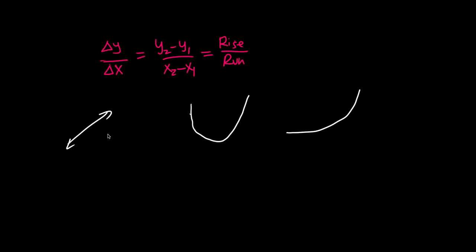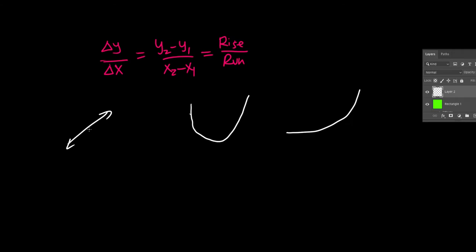Now the only difference between slope and average rate of change is that slope is defined only for a linear function or a line, and that's because the slope or the average rate of change on that line is the same everywhere. So if we go rise over run right here, it's going to be the same as the rise over run right here.